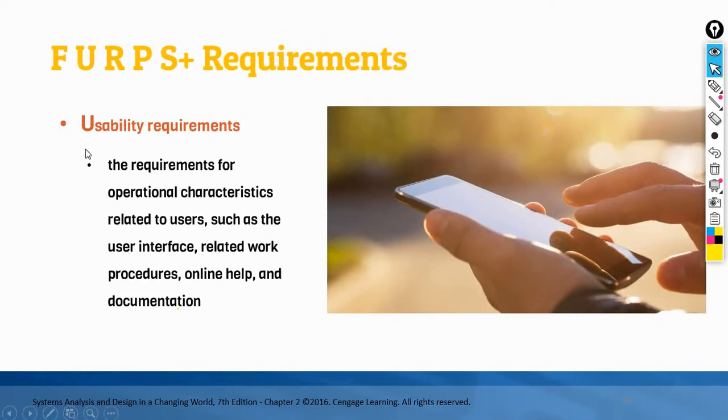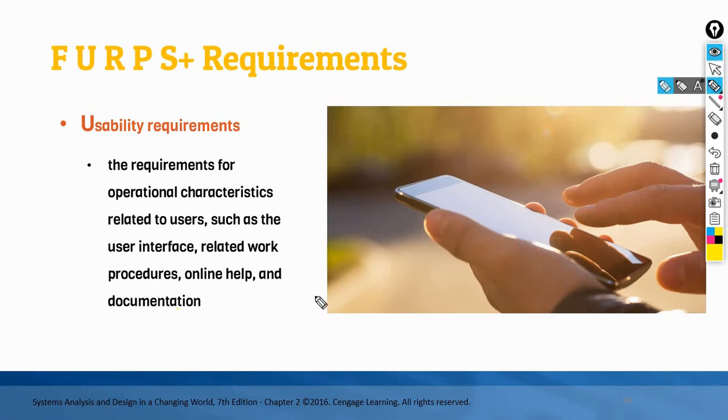So let's see what usability requirements are all about. They describe the operational characteristics related to users, such as the user interface, related work procedures, online help, and documentation. For example, the user interface of a smartphone app should behave similarly to other apps that respond to gestures.